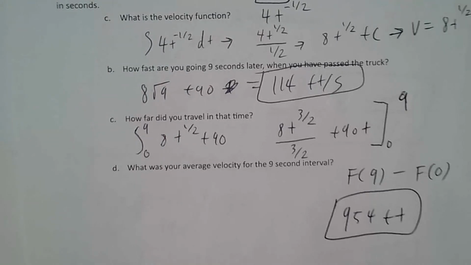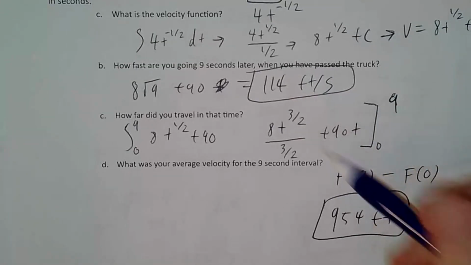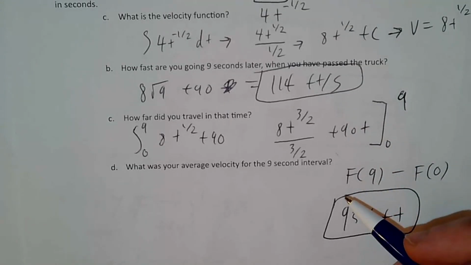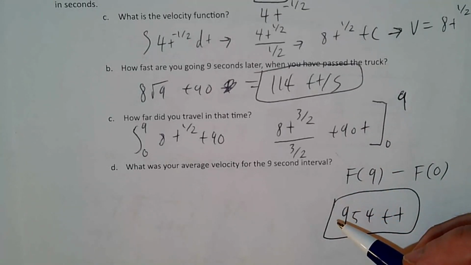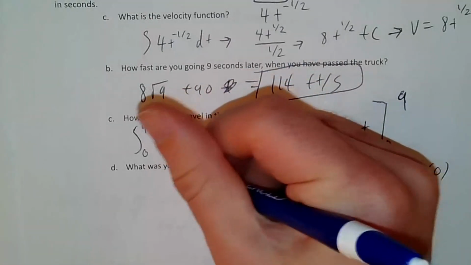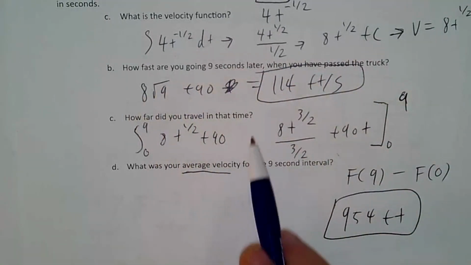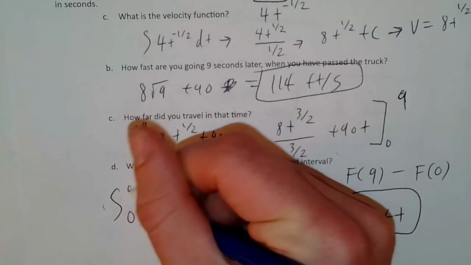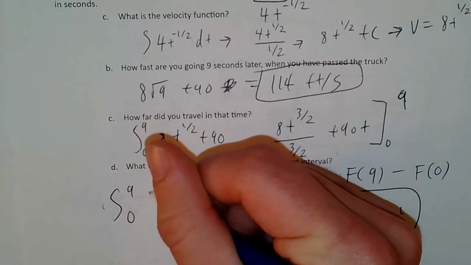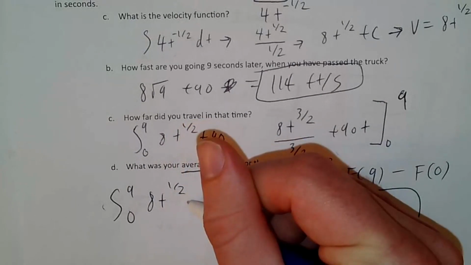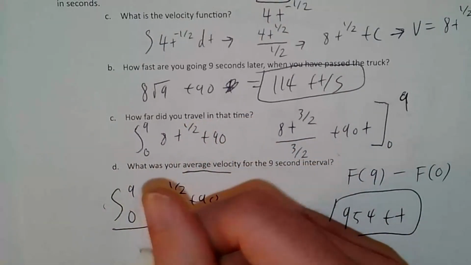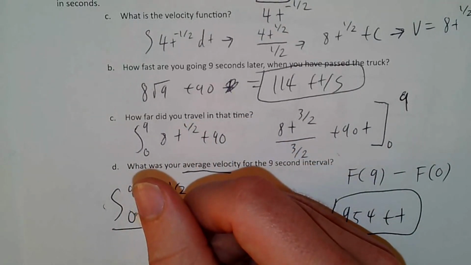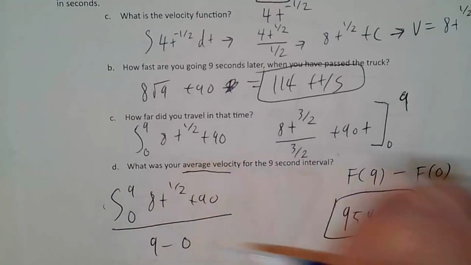What was your average velocity? This is actually very easy because since I found this integral, remember average value, average velocity. Remember, this is my velocity function. So average velocity should be the integral from 0 to 9 of 8t to the 1/2 plus 90, all over 9 minus 0.